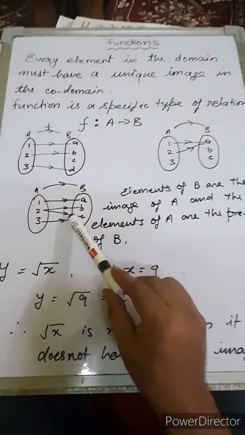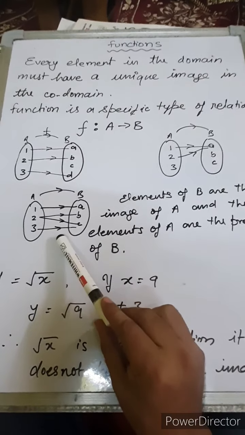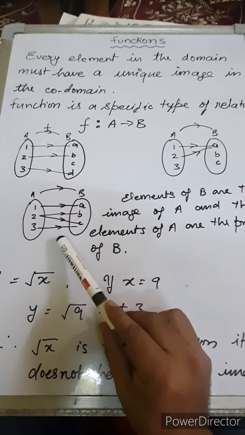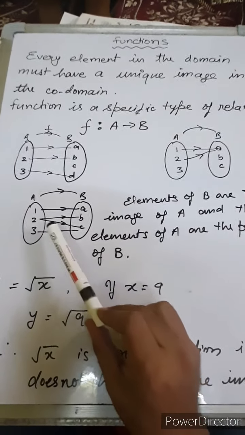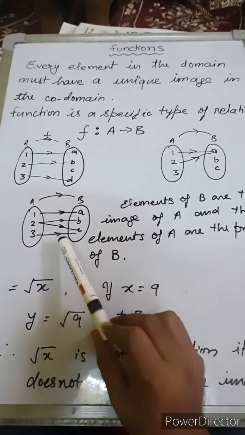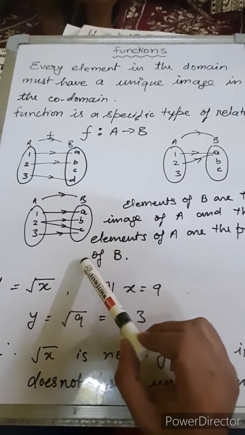Let's discuss this example. Is this a function or not? You can see that this is again an example of a relation, not a function. Why? Because the image of 2 is not unique. There are two elements which are the image of 2, B and C, right?